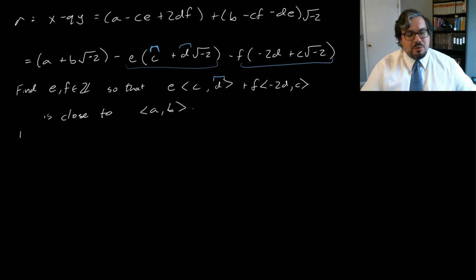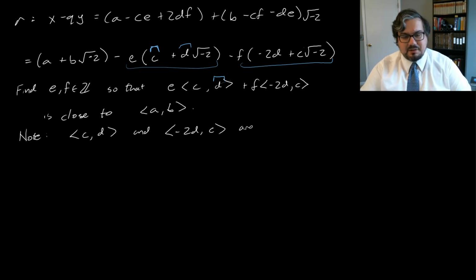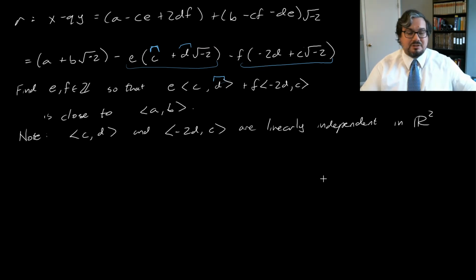Now we can note that the vectors c, d and negative 2d, c are linearly independent in two-dimensional real vector space.